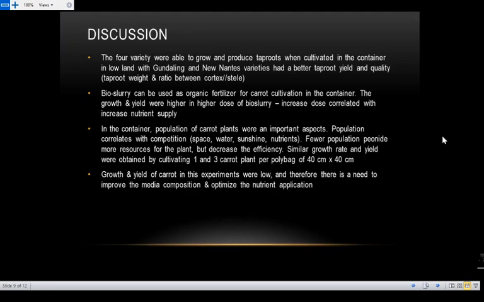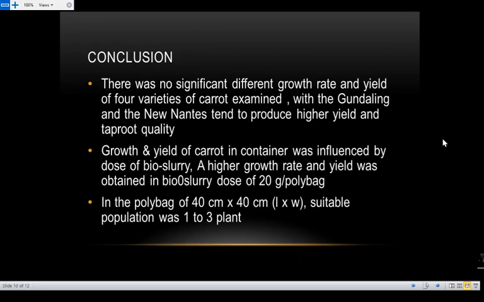Therefore, the suitable one is using 3 plants per polybag. However, growth and yield of carrot in this experiment were low, and therefore there is a need to improve the media composition and optimize the nutrient application for the cultivation of carrot in lowland in the container.